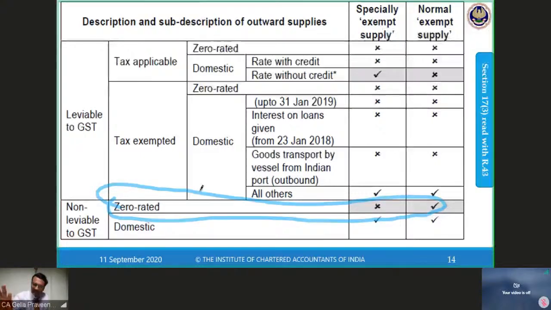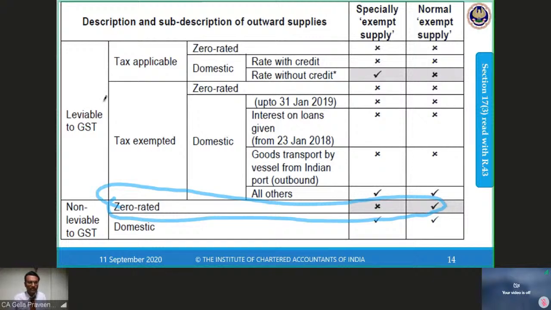The moment I say zero rated, it shall be added back to taxable supply. So I need not reverse ITC because section 16 clearly says because it is an export, I don't want to penalize you to restrict your ITC. You can enjoy your ITC because I want to encourage my exports. That reason this particular slide is important for us.